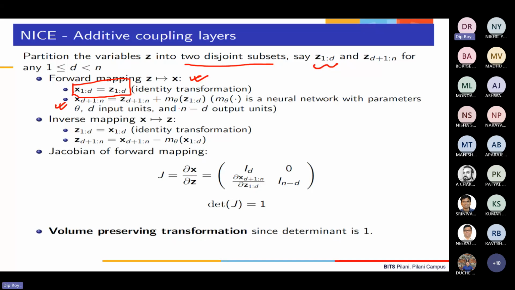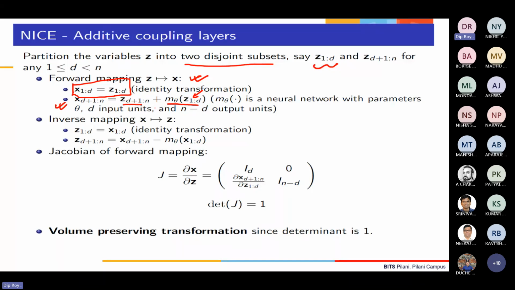So what we are doing is taking this z and adding the output of a neural network, which takes z 1 to d as the mapping. Sorry, this is not scaling, this is shifting. So we are shifting z.